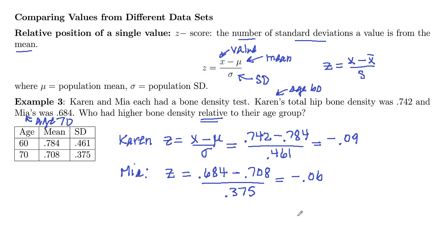So if you have a z-score of 0, you're at the mean. So both of these are below the mean. Notice here that z less than 0 is below the mean, and z greater than 0 is above the mean.